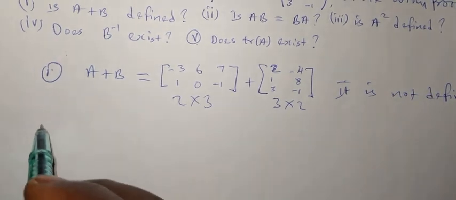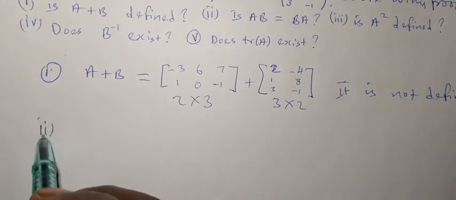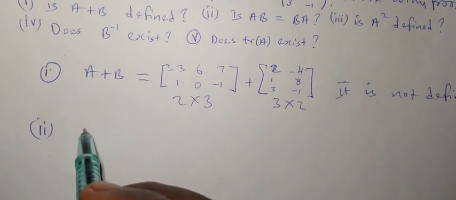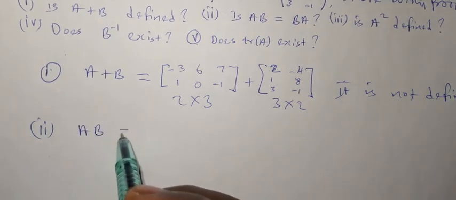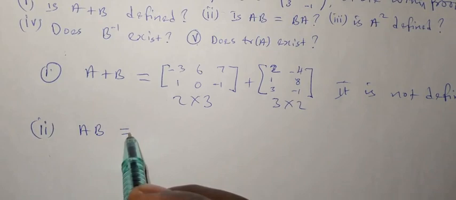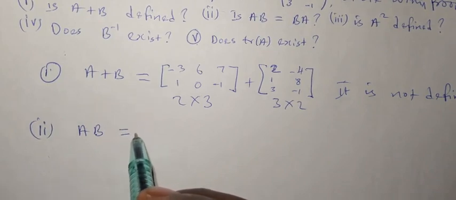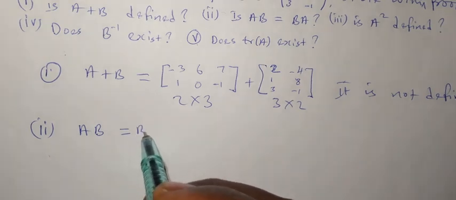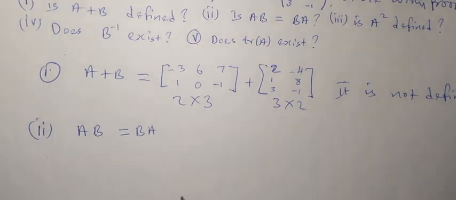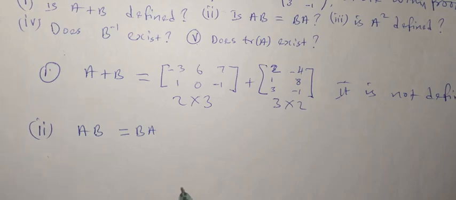So let's see the second question. Here we have A times B that we should state. Is it defined? We are to do it without proofs. So this is B times A. Now let's look at this carefully.